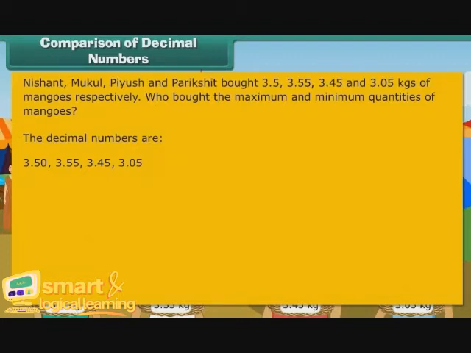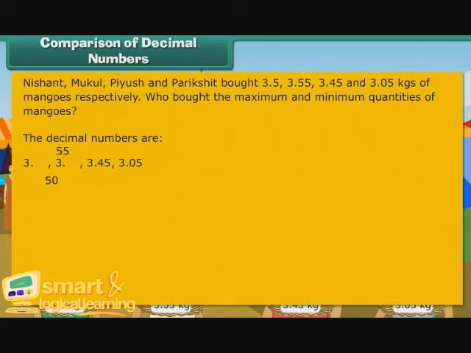All the numbers have 3 to the left of the decimal points. Therefore, we arrange them on the basis of the digits after the decimal point. These are 50, 55, 45 and 05. We are aware that 55 is greater than 50, which is greater than 45, which is greater than 05.